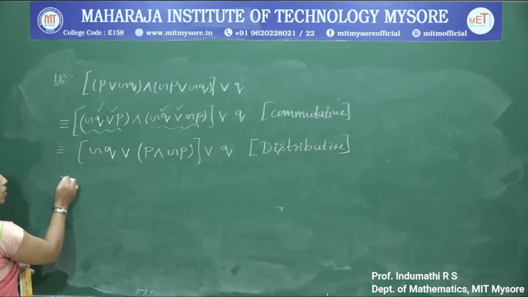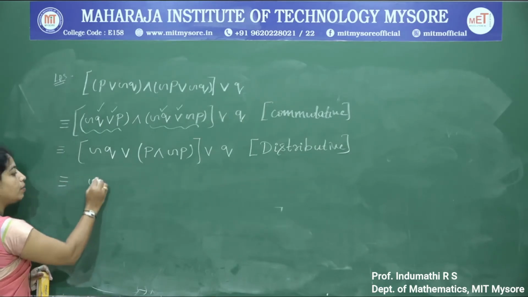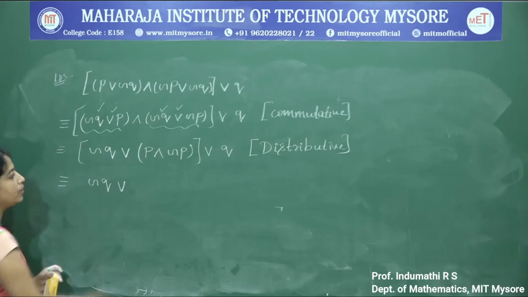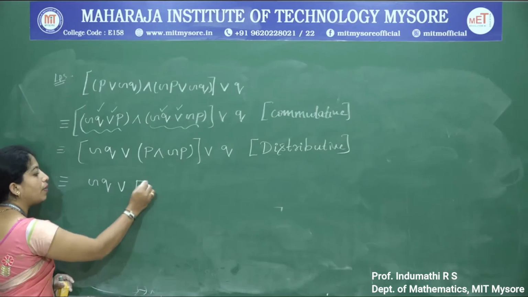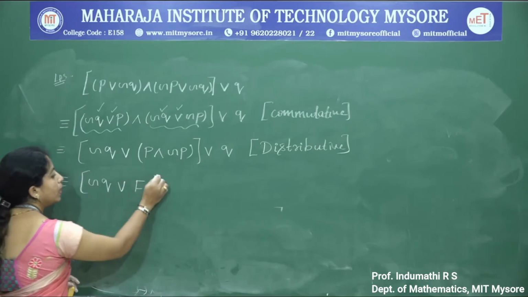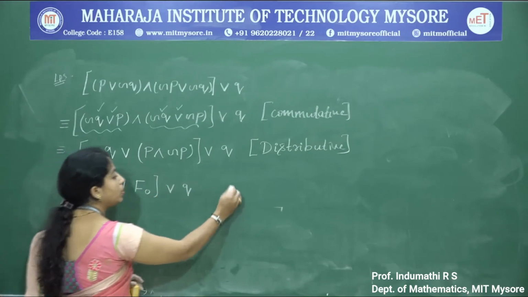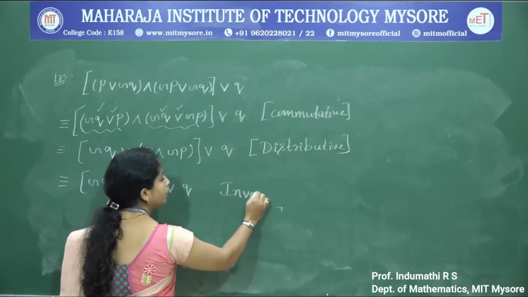Again, this is logically equivalent to, write this term as it is, negation Q, disjunction of P conjunction negation P is logically equivalent to F naught, again disjunction Q. This is by using law of inverse.